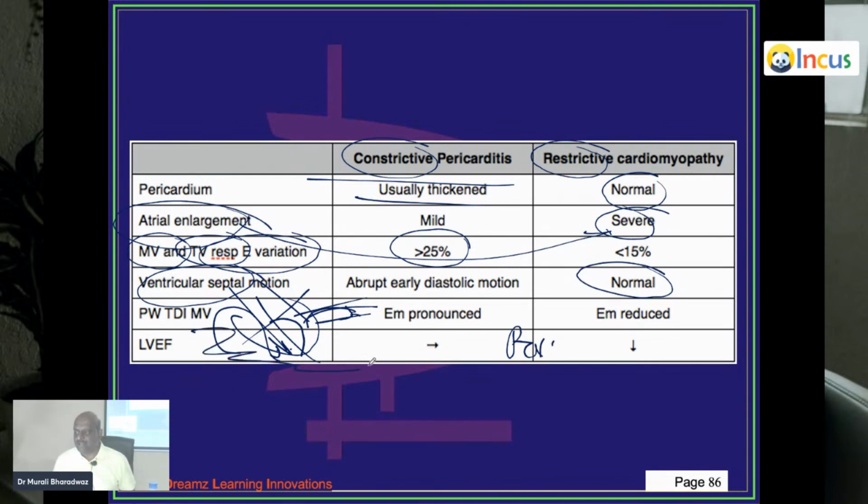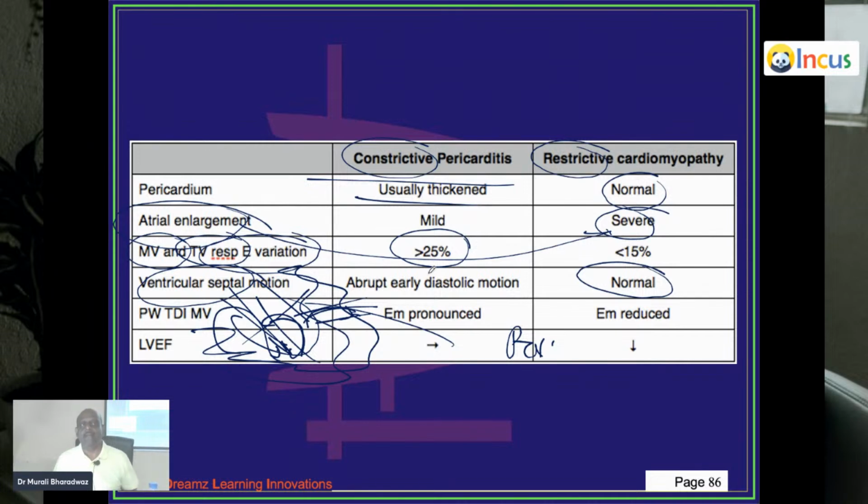But if there is constrictive pericarditis around, this phenomenon becomes exaggerated. A little more blood enters during inspiration, and immediately a greater amount of pushing of the interventricular septum into the left side happens, leading to such a significant fall that the pulse will be absent.